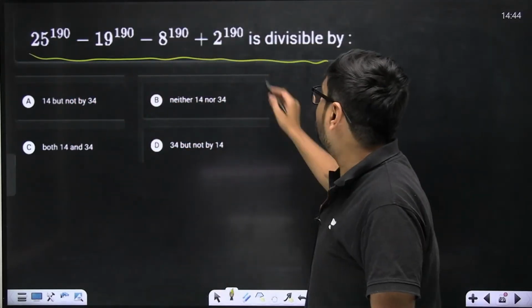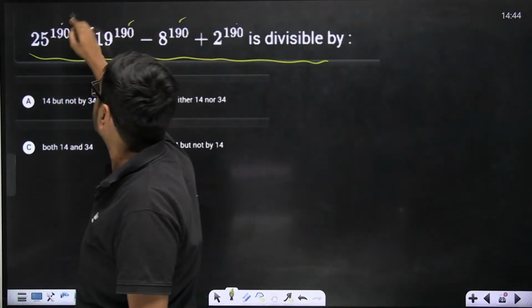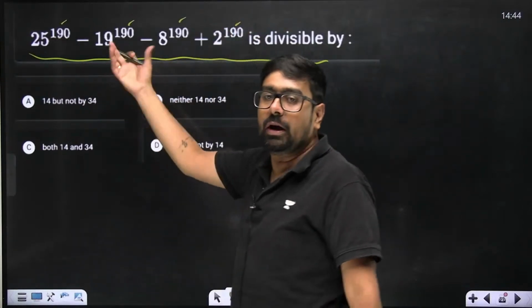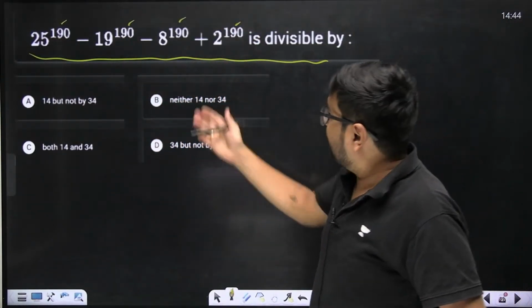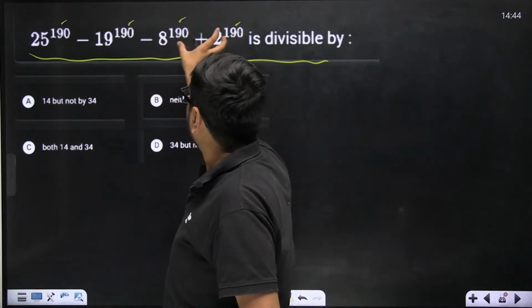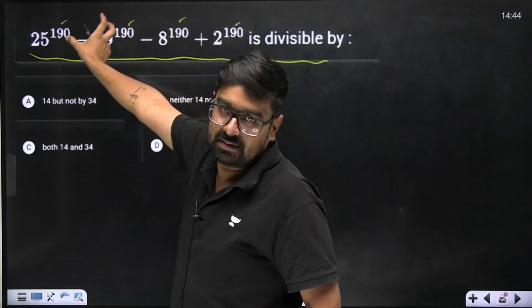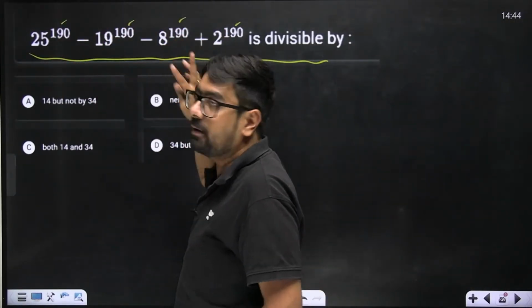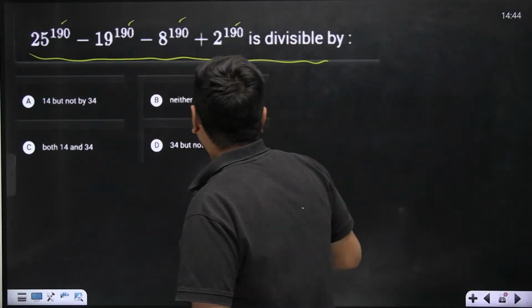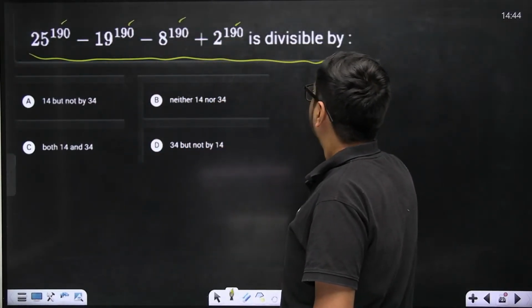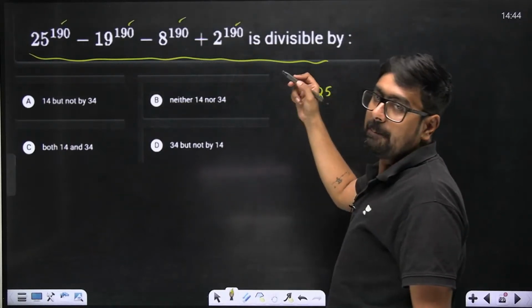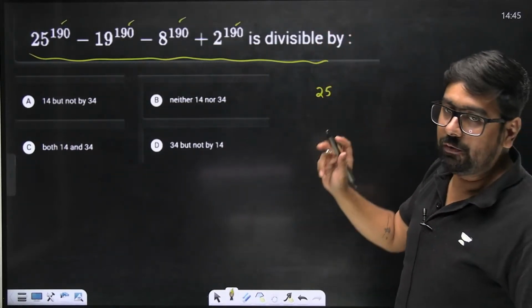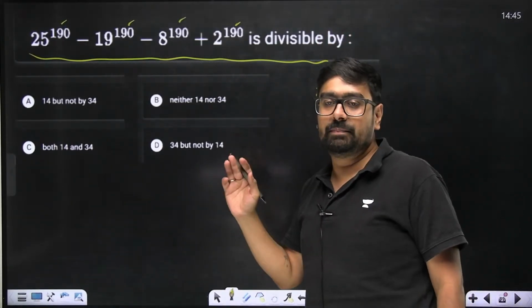Whenever you see powers are all same, or same powers are making pairs, suppose 2 powers are same, 2 powers are same. Here all 4 are same. So just remember that I told you that a to the power m minus b to the power m will always be divisible by a minus b.